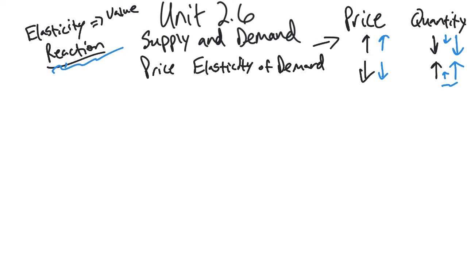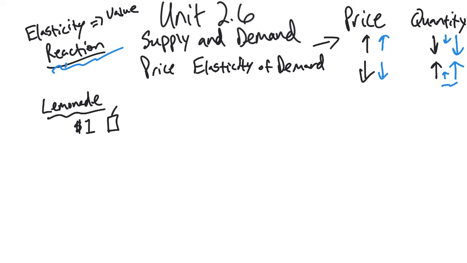Let's use a simple example: lemonade. Each cup of lemonade is being sold for $1.